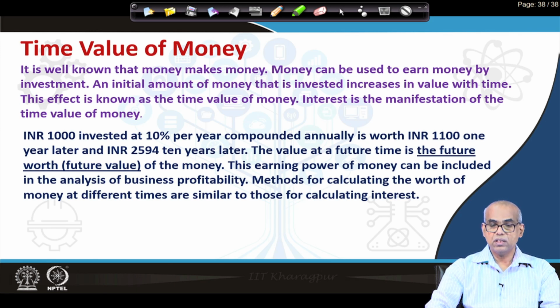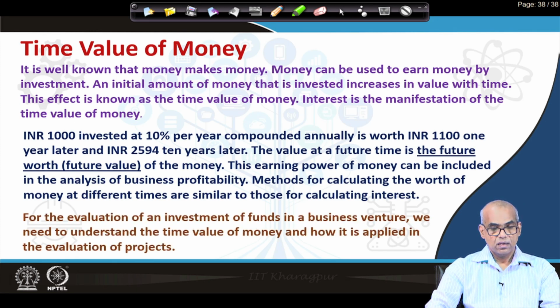Methods for calculating the worth of money at different times are similar to those for calculating interest. For the evaluation of an investment of funds in a business venture, we need to understand the time value of money and how it is applied in the evaluation of projects.